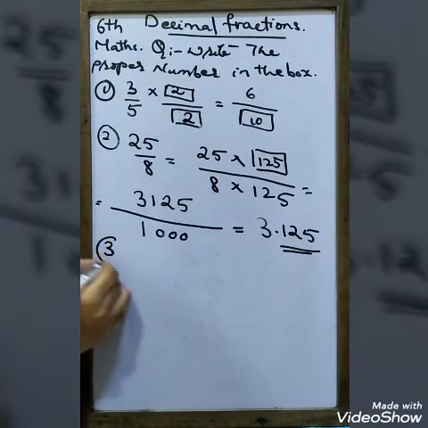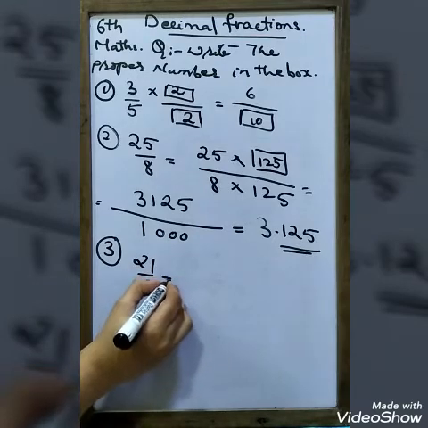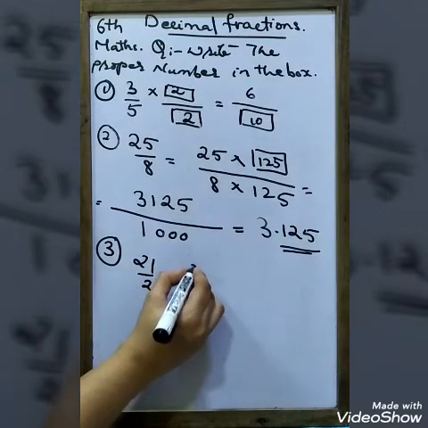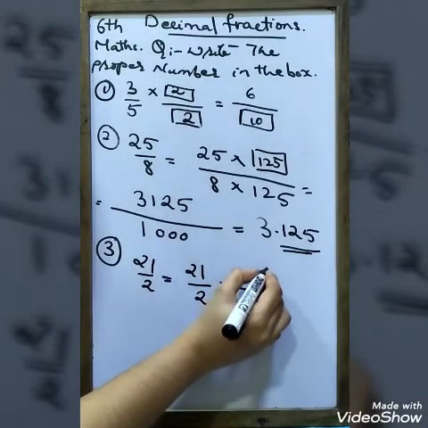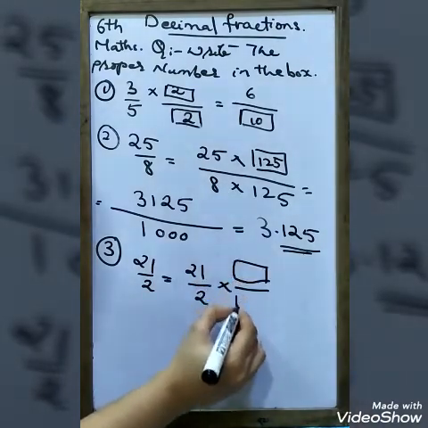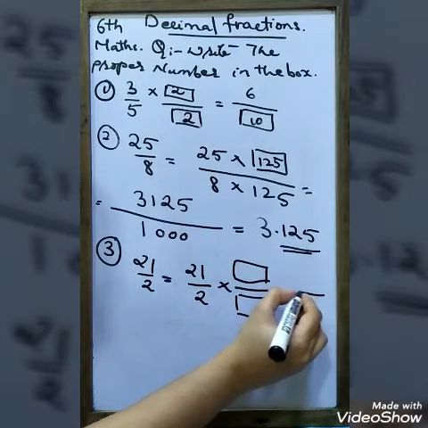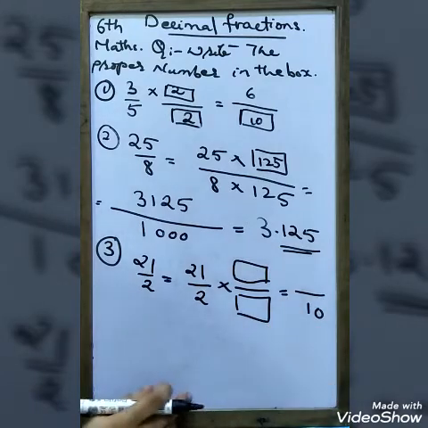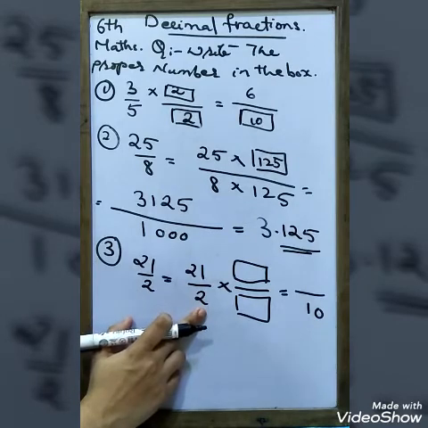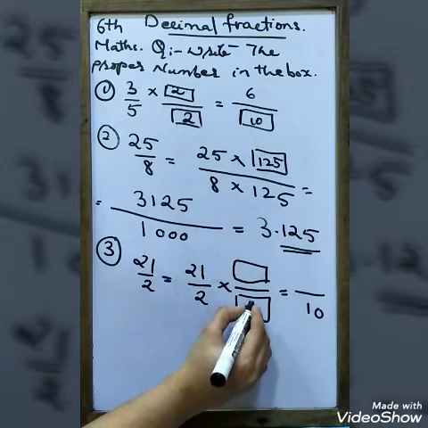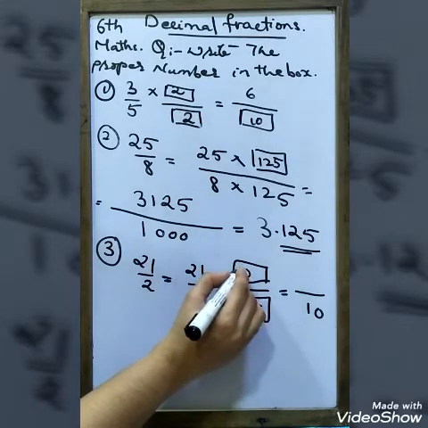The third question we are having 21 upon 2 is equal to 21 upon 2 into, here also a box is given and here also a box is given, and here it is mentioned upon 10. So if we want to make the 2 a 10, we are supposed to multiply the 2 by the 5. If we are multiplying by the 5 in the denominator, definitely in the numerator also.